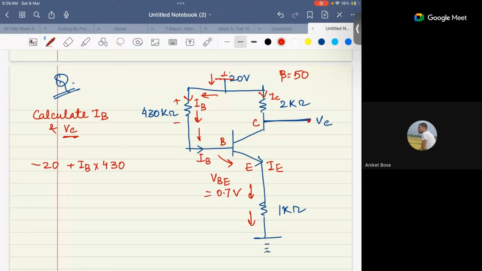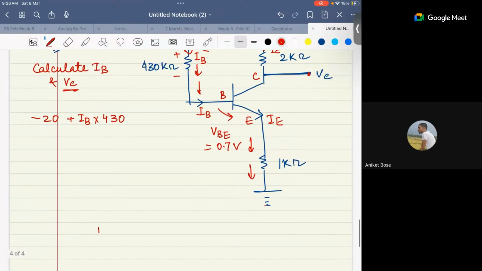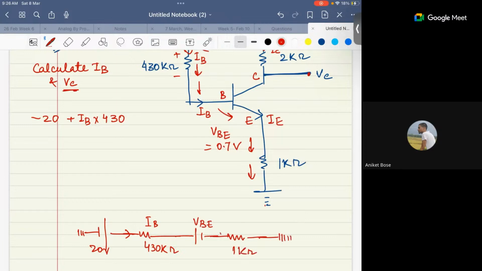So we have started from here at 20 volt. If you have been given a circuit like that, how will you write it? Let's say this is how it is given: this is 20 volt, then a current IB is moving through 430 kilo ohm, then you have VBE, then you have a resistance of 1 kilo ohm, and then a ground. Here the current is IE.